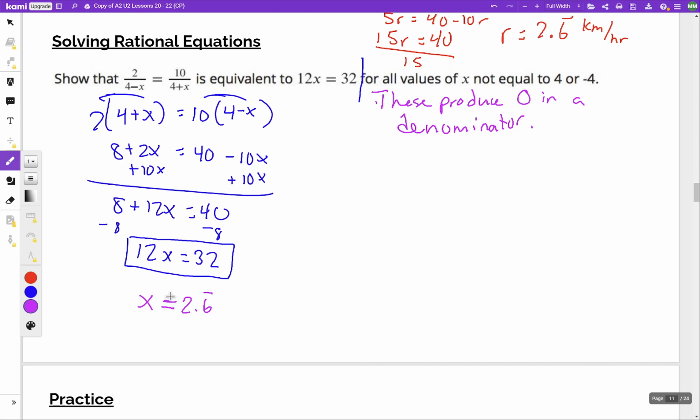Because x is equal to 2.6 repeated, the problem is, what happens if I solve this equation and I get 4 or negative 4? This equation has a solution, right? However, sometimes this equation and this one are equivalent expressions, except that this here cannot be done when x is 4 or negative 4.